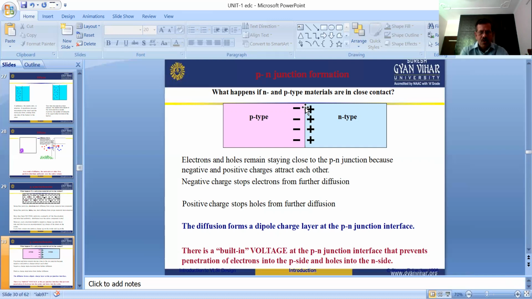Negative charge stops electrons from further diffusion, and positive charge stops holes from further diffusion. The diffusion forms a dipole charge layer at the p-n junction interface.